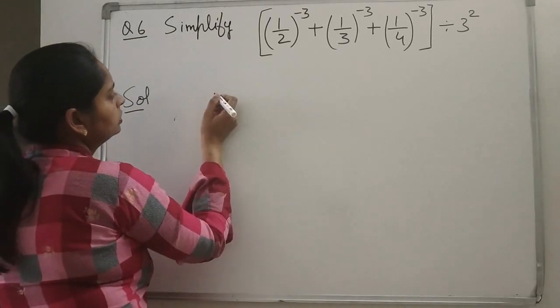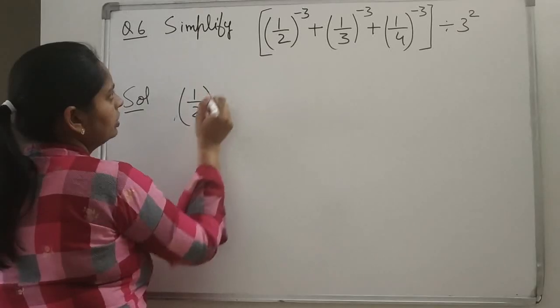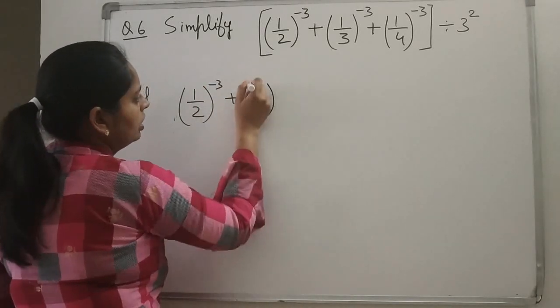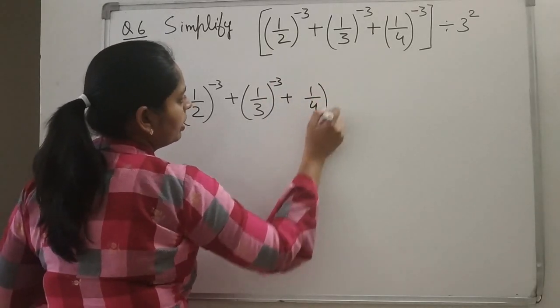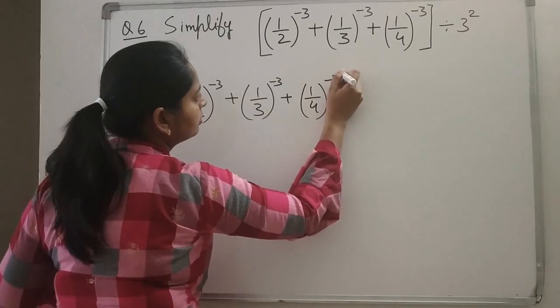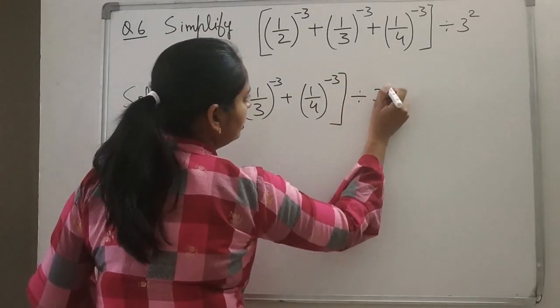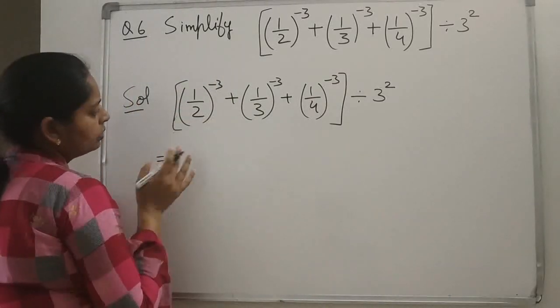(1 upon 2) to the power minus 3 can be written as this. I am just writing the question. The first step, we should always write the question. Plus (1 upon 4) to the power minus 3, whole divided by 3 square. Power is negative, so what will we do?